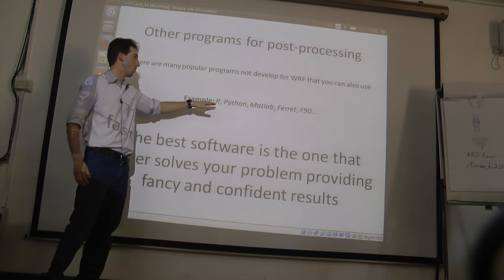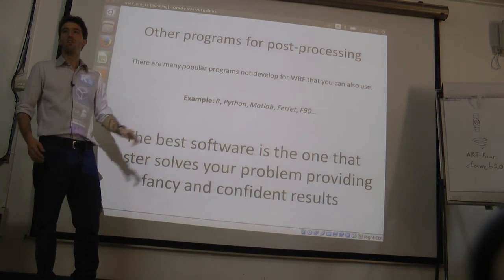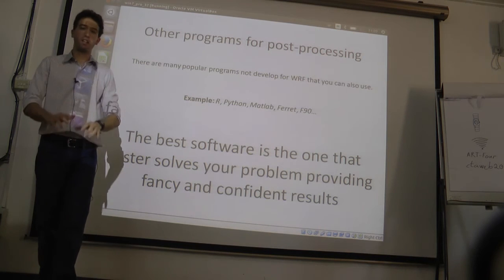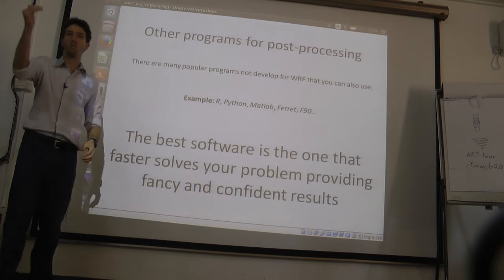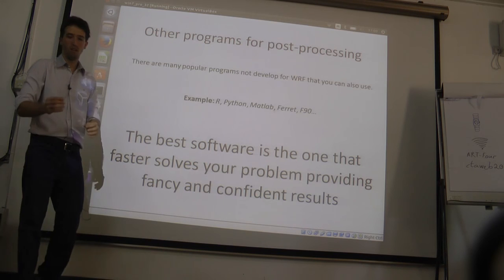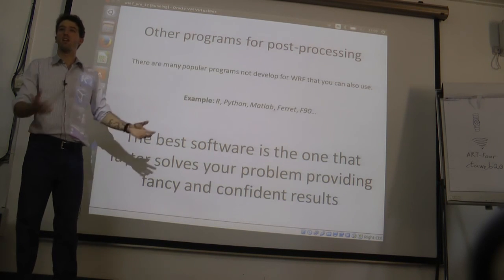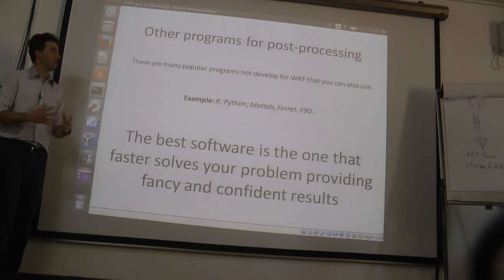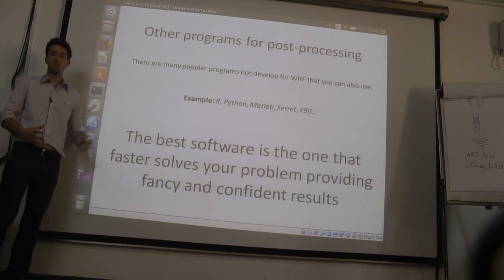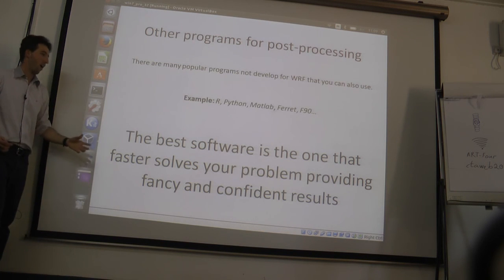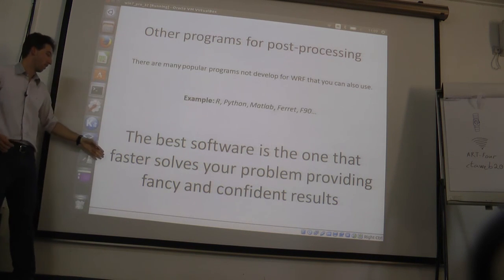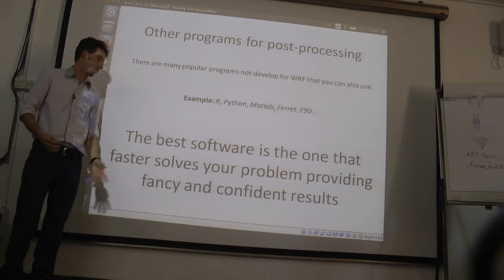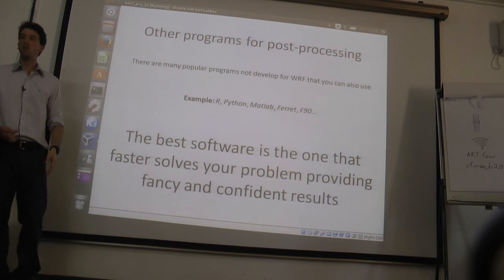So sometimes you will spend 1 month creating a script in Python to make something that with NCL you can do in 10 minutes. Or you spend 1 month doing the same thing in MATLAB. So if I could give a message, which software is the best? The best software is the one that solves your problem fastest and provides a fancy and confident result.